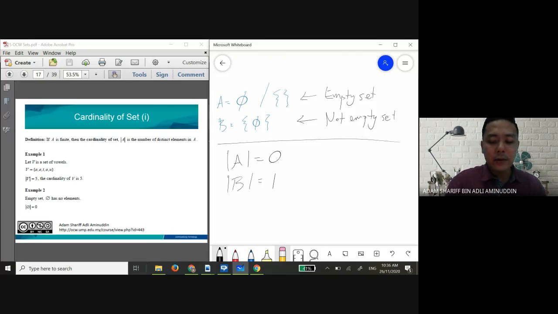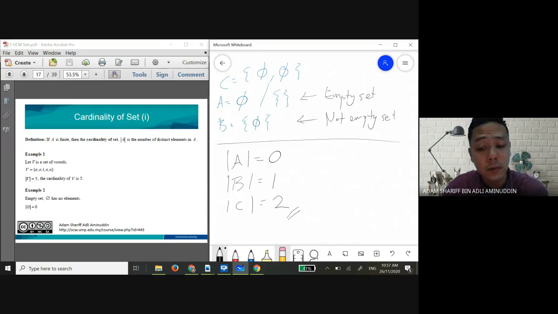Okay, kalau saya ada satu lagi, set C, ini lagi tak empty. Ini lagi clear lah. Okay, so what is the cardinality of C? Although it contains the element of the empty set symbol, C is not empty as well. C is 2. Okay. Oh no. C bukan 2, betul?